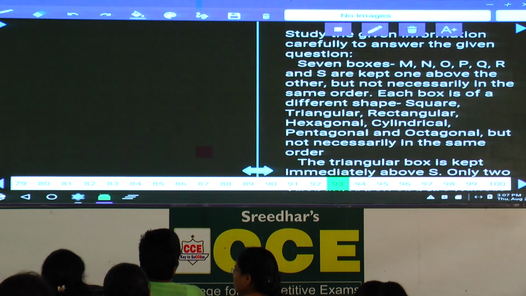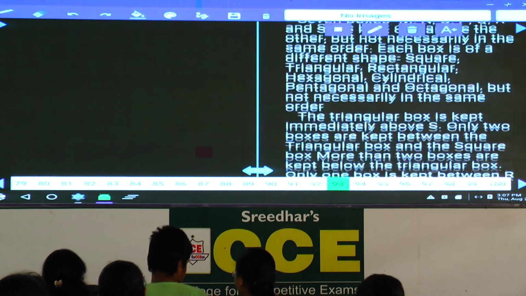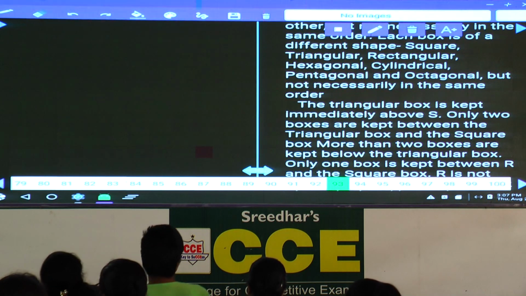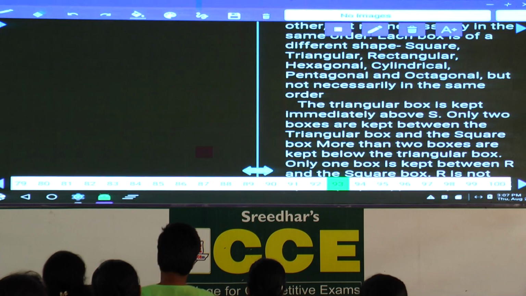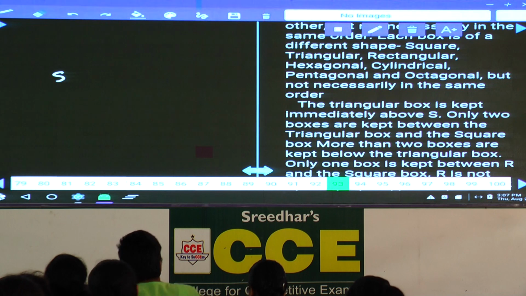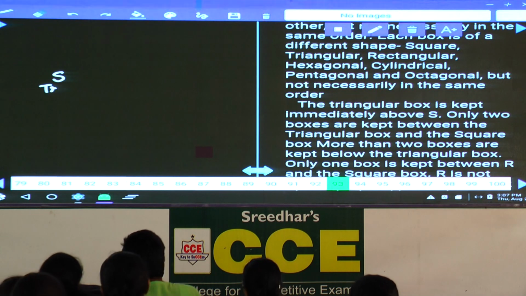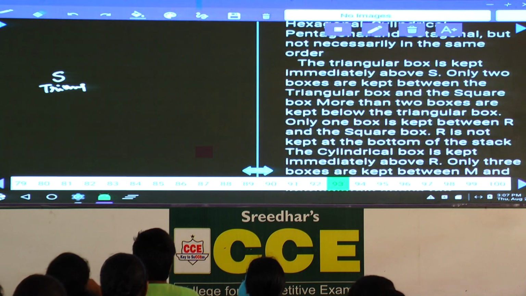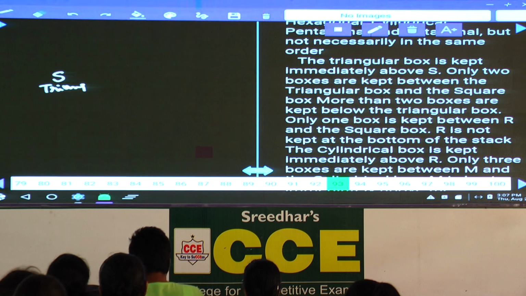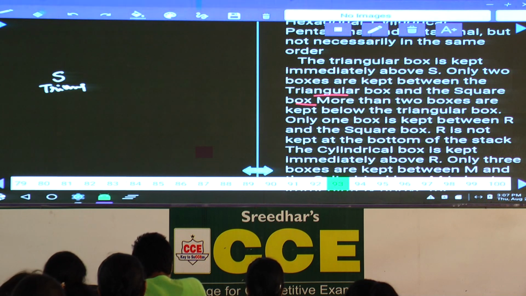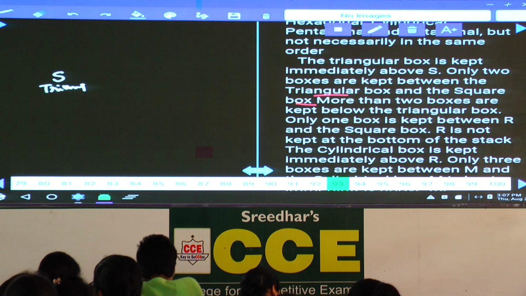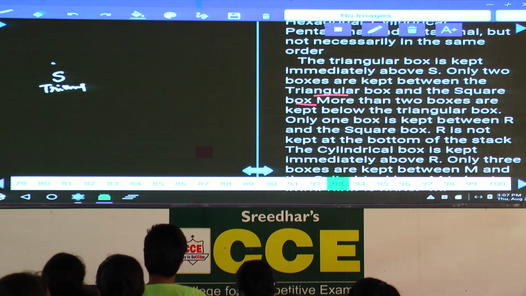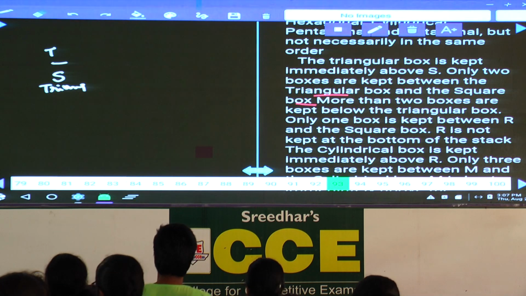The triangular box is kept immediately above S. As the triangular box is kept immediately above S, S is at this place and the triangular box is immediately above this S. Only 2 boxes are kept between the triangle and the square box. So how many are in between triangle and square? There must be exactly 2: 1, 2, and this is triangular.